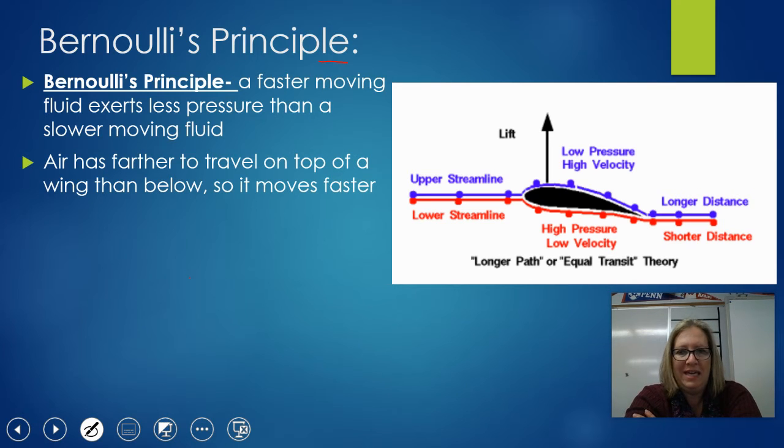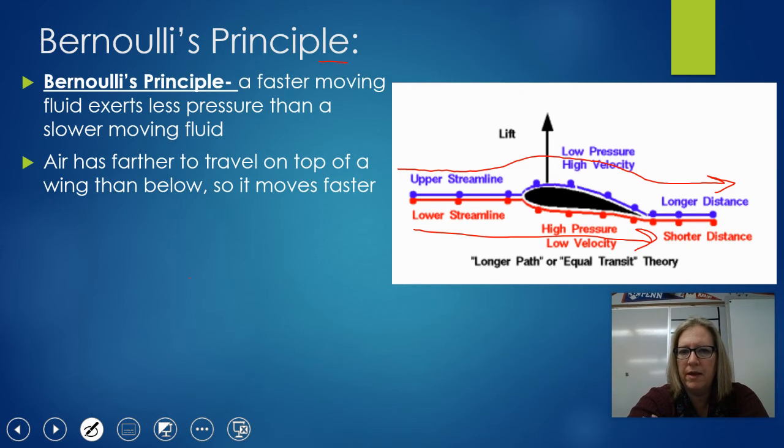You can see it on a wing as well, okay? So let's see. Air is moving this way over a wing. And it has a farther path to travel over the top of the wing than it does underneath the wing, okay? So that means that the air on top has to go faster. Otherwise, it wouldn't meet up at the end of the wing at the same time, and you'd have a vacuum, and nature doesn't like vacuums, okay?